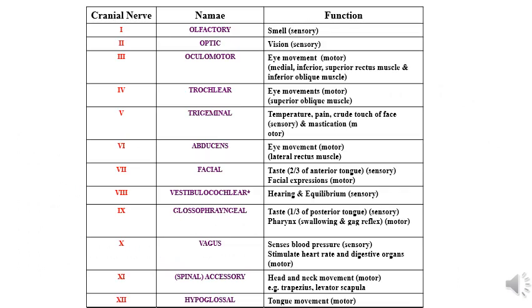So, Dr. Knaus, I guess I need to know the names of the cranial nerves. I guess I need to know the numbers of the cranial nerves. And I probably ought to know whether they're motor or sensory or both.